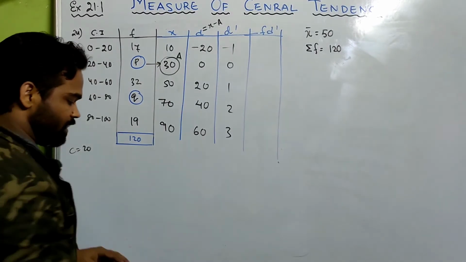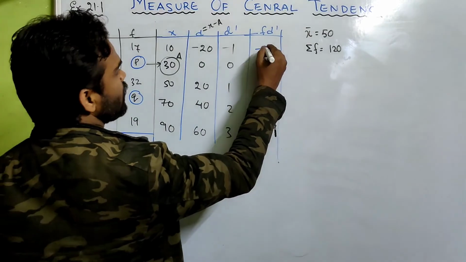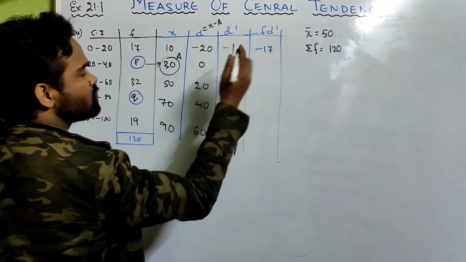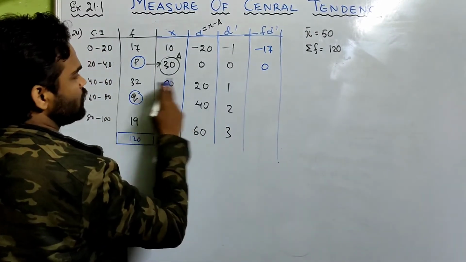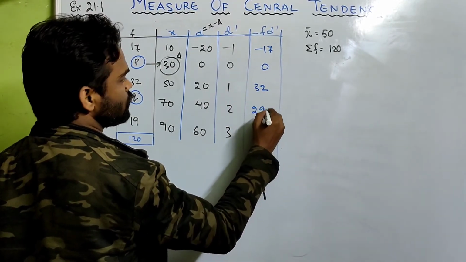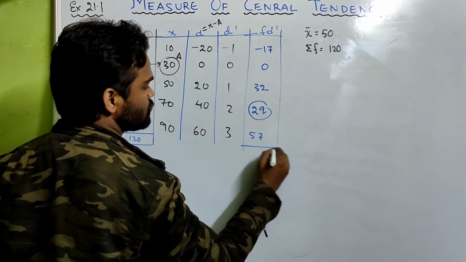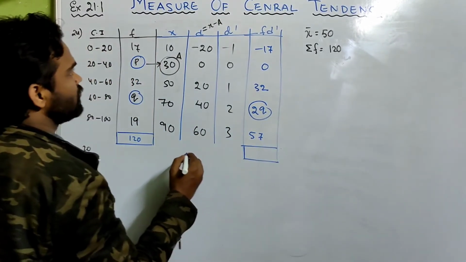Okay, then F D dash. See, the calculation is becoming easier, you know. 17 into minus 1, minus 17. P into 0, 0. 32 into 1, 32. Q into 2, 2Q. And 19 into 3 is 57. So we need a summation of this, sigma F D dash.